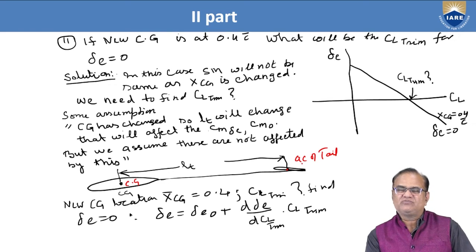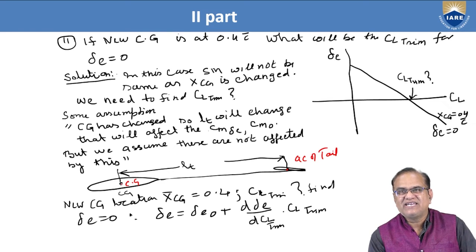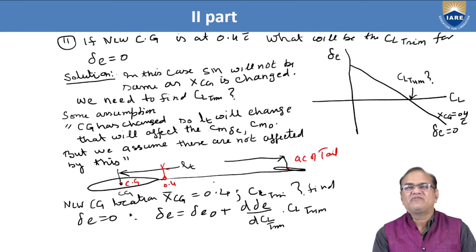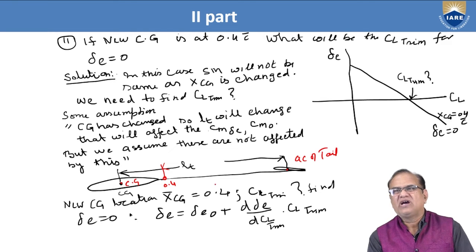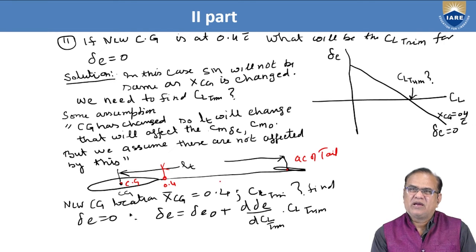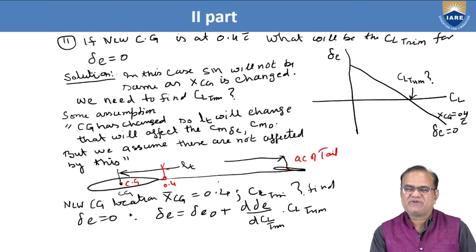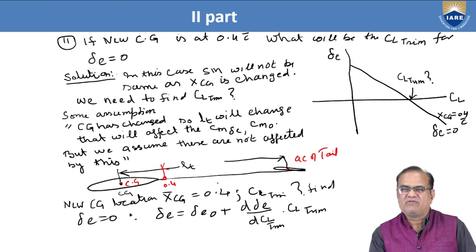What we have assumed is that if initially it is here and now it is changed to the new position 0.4, this LT remains constant, but in fact it is not true. But we take the assumption to have some understanding and to minimize this aspect of this problem.